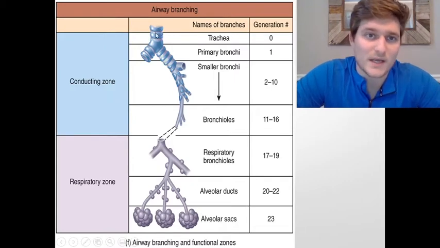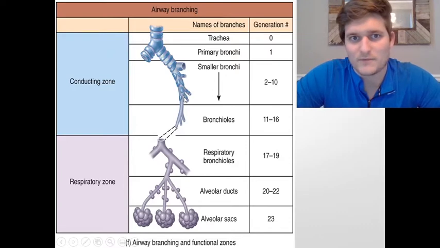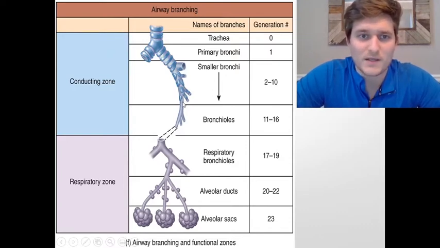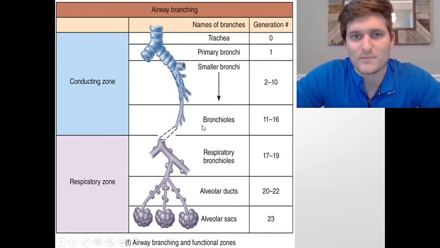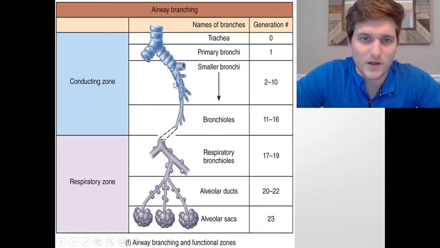So from the trachea, we have the primary bronchi, and then those will diverge into smaller bronchi, eventually going down to even smaller air pathways called the bronchioles.